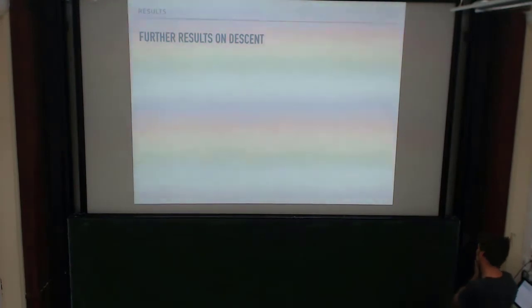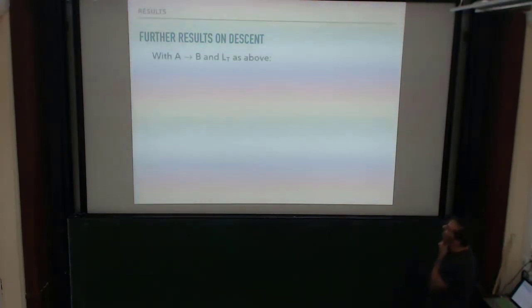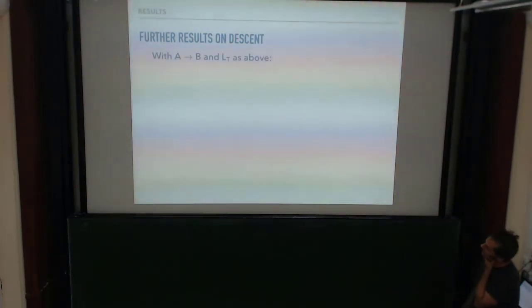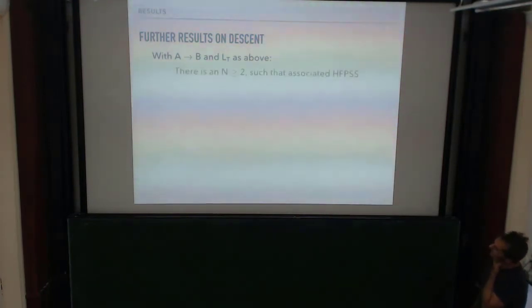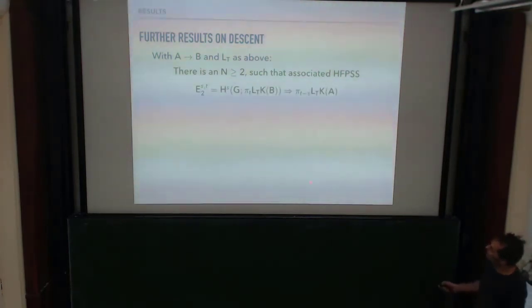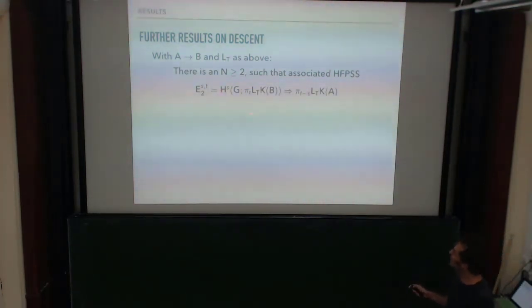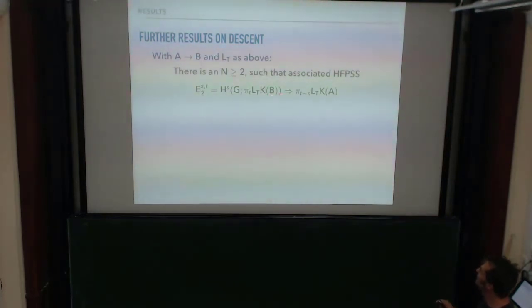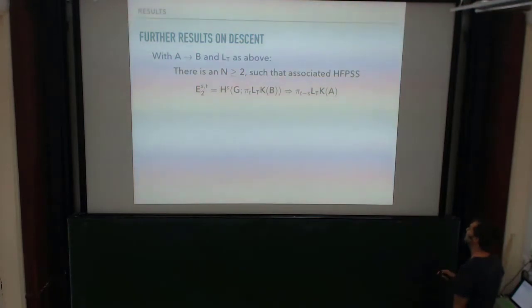So what else do we get from this sort of descent? Again, when A to B is in the list of Galois extensions as above, then there's an associated spectral sequence, an analog of the Thomason descent spectral sequence for K-theory, which goes from the group cohomology acting on these homotopy groups to the homotopy groups of the base ring.